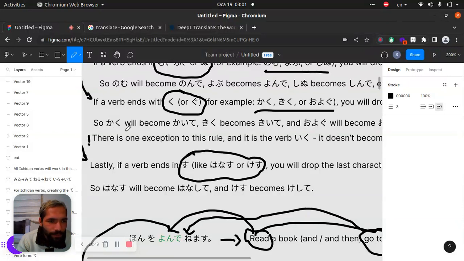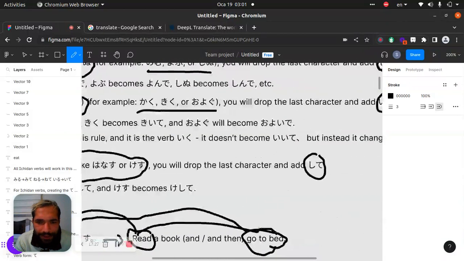In this case, if a verb ends with ku or gu, for example kaku, I think kaku, kiku, or oyogu. What will happen?